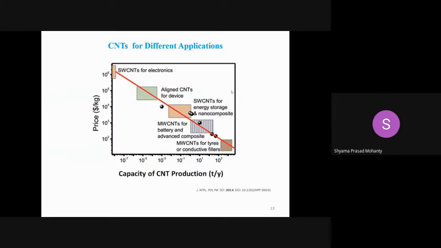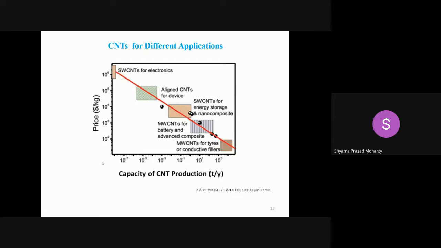Now we come to the CNTs for different applications, their production and their price. This was reported in literature in 2014, and I am sure that the price would have gone down. These single wall carbon nanotubes, as we know, are expensive for electronics purposes, and their production capacity is much less.